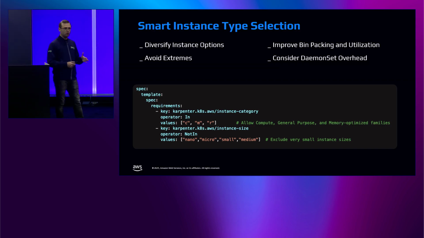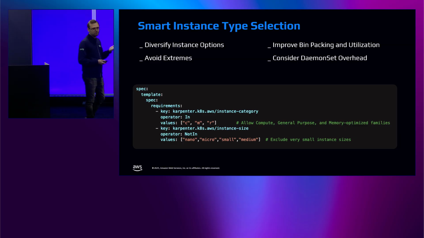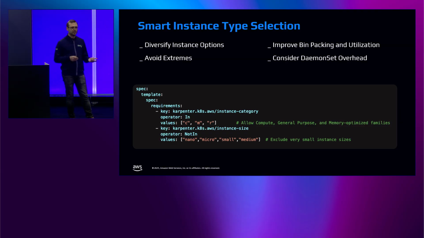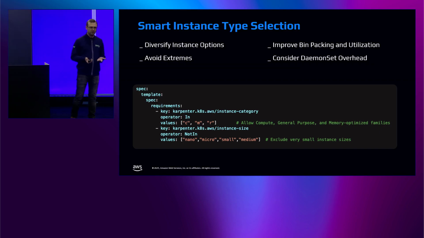So you definitely want to have diversification, because Karpenter balances between cost and availability and tries to find the instance that delivers the best performance at the lowest cost. So in theory, the more instance types and sizes you give Karpenter across different families, generations, and sizes, the better fit it can find.